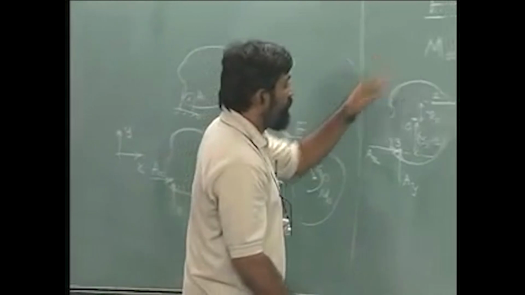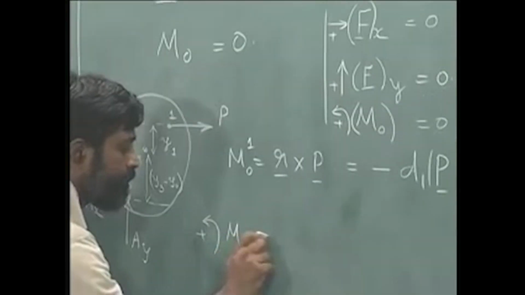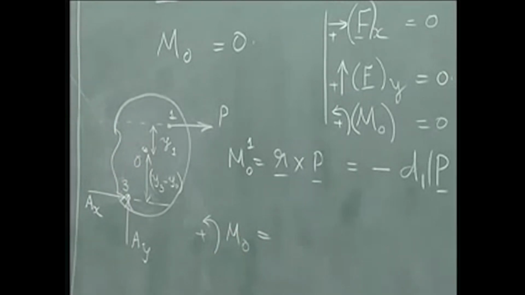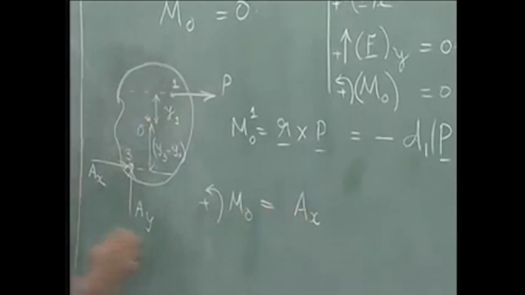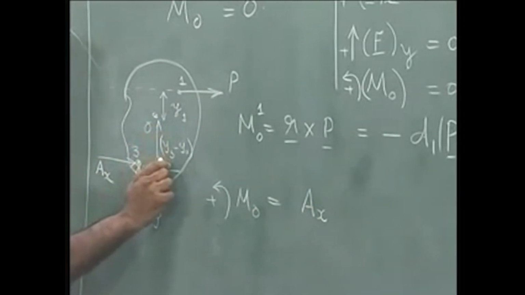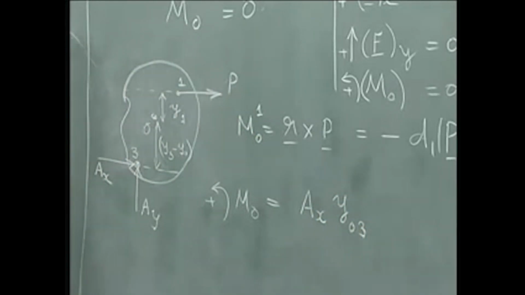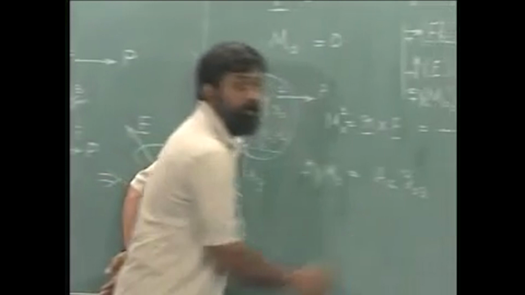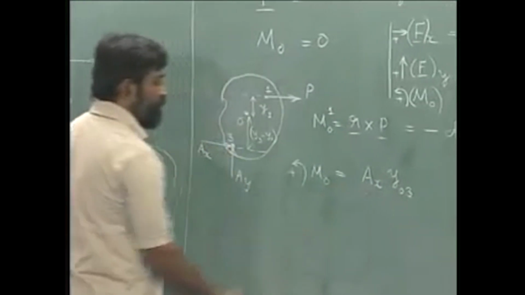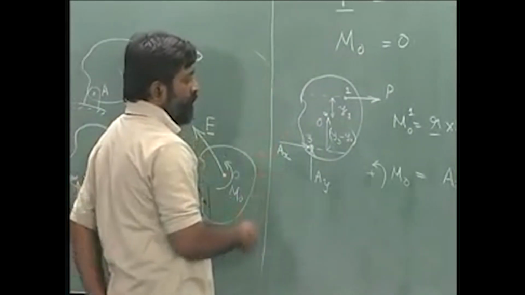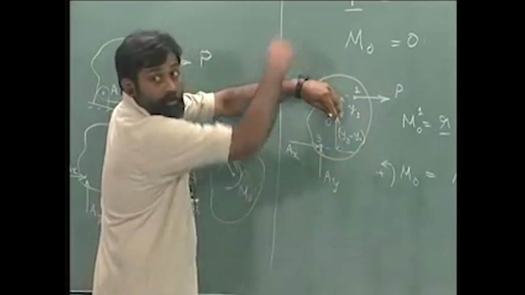Okay. So, in that sense, if I write, this will turn out to be Ax times, let me call this y03, okay, y03, which means the distance between O and 3. Okay. This is a positive sign because it is going anti-clockwise. On the other hand, if I take this one, it is going to go clockwise.